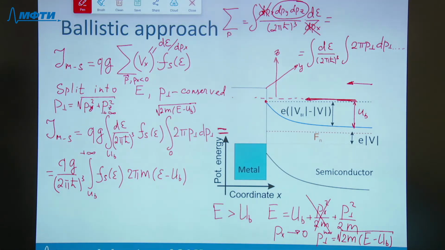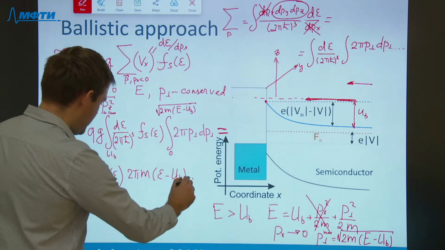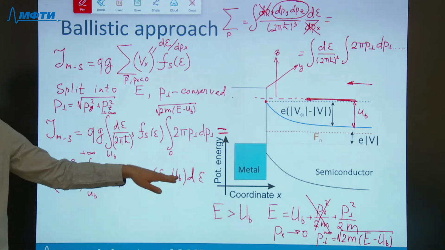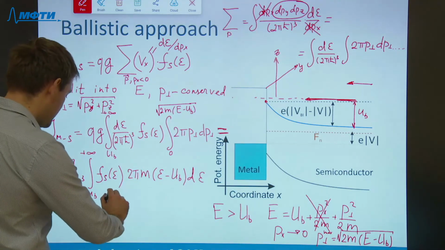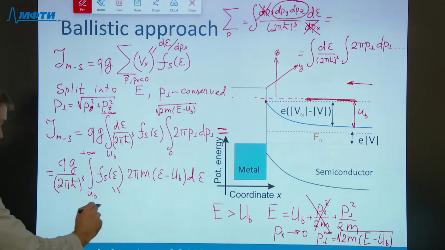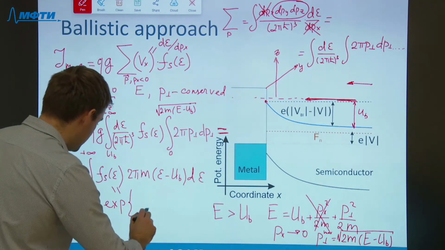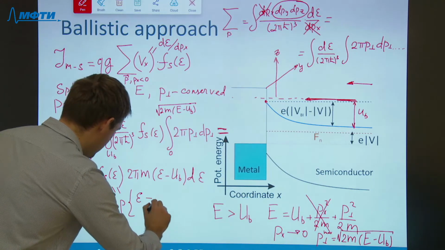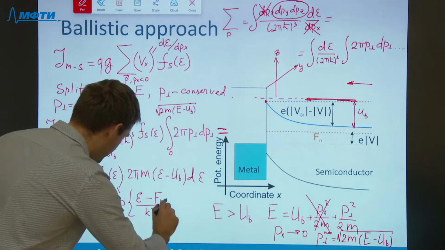The only thing that remains here is to integrate this Boltzmann exponent with a linear function, energy minus barrier height. It is quite simple. The distribution function in the semiconductor is just the exponent of energy minus Fermi level divided by kT.